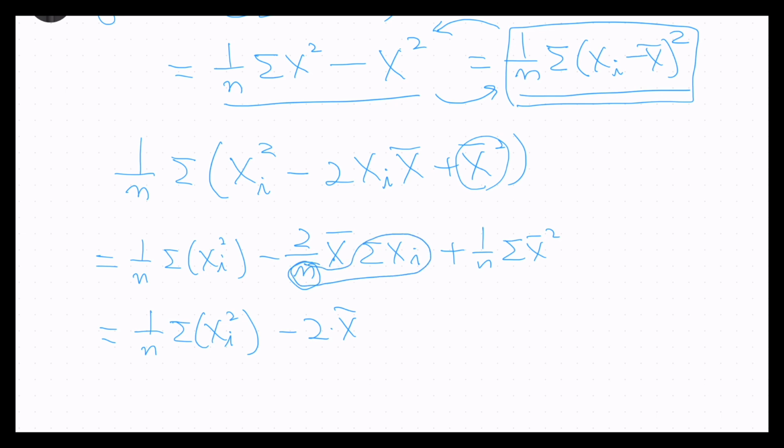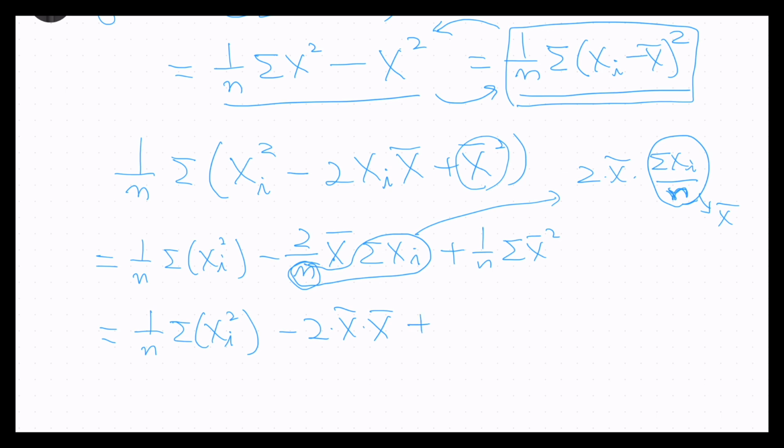Sigma of xi divided by n is actually x bar, right? So this part is 2 times x bar times sigma xi divided by n, which is the same as x bar, right? So that's why it's x bar times x bar.